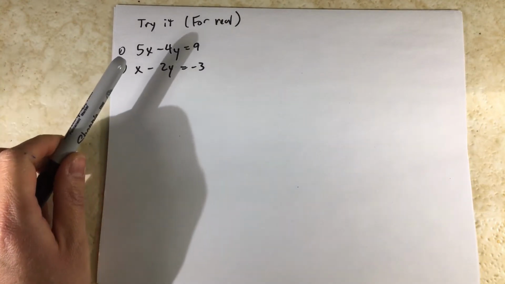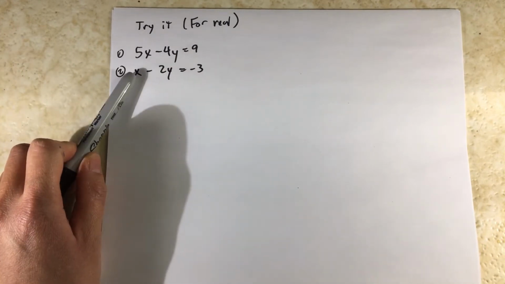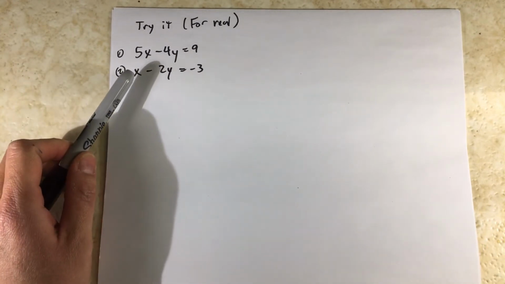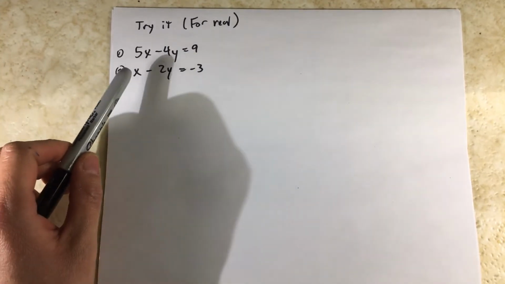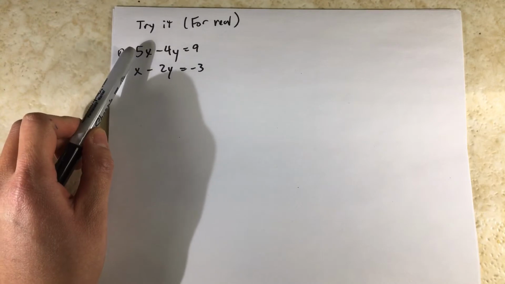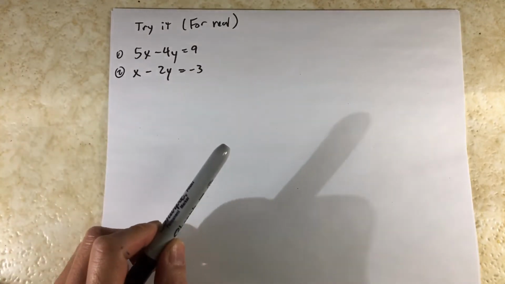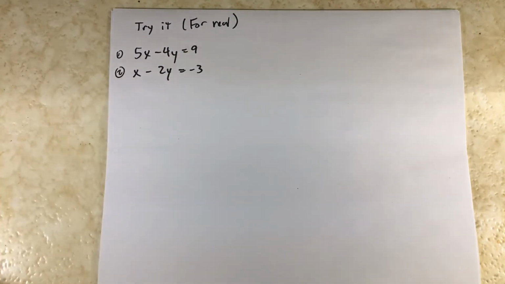Solve for x in terms of y, then plug it in for x in equation 1. Then you should have an equation only with y's. Solve for y, then plug the number for y back into 2 to solve for x. Okay, so pause it and try to do that.